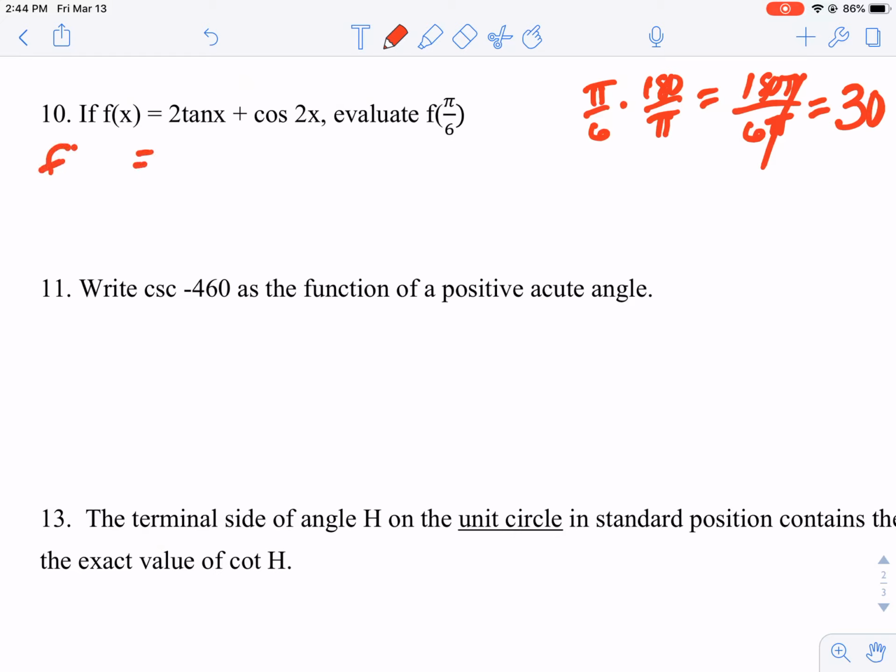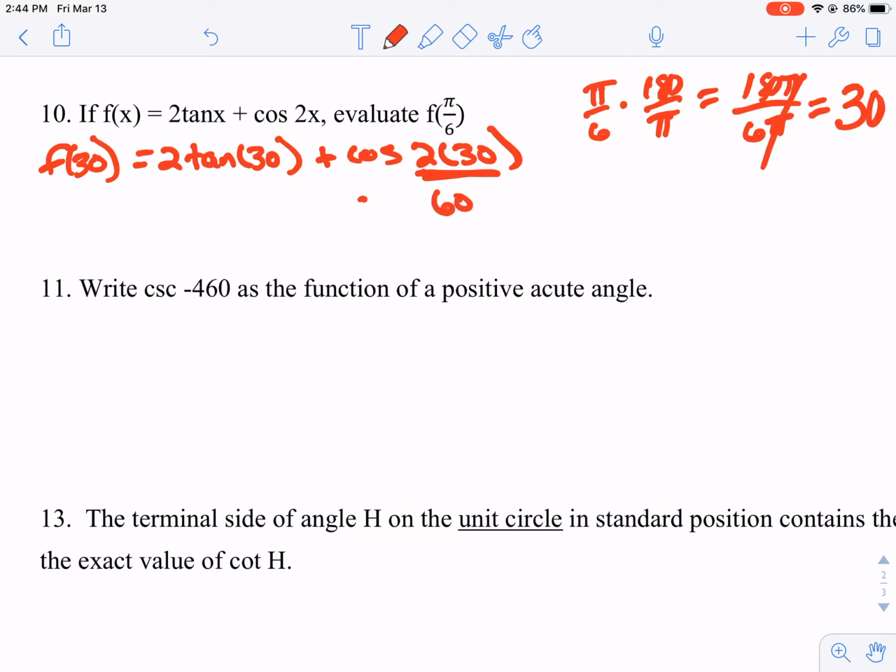So the function evaluated at 30 degrees is equal to 2 times tan of 30 plus cosine of 2 times 30. Well, I need to do that first, so that makes a 60 degree angle that I'm finding the cosine of. And then this is going to be 2 times tan 30.